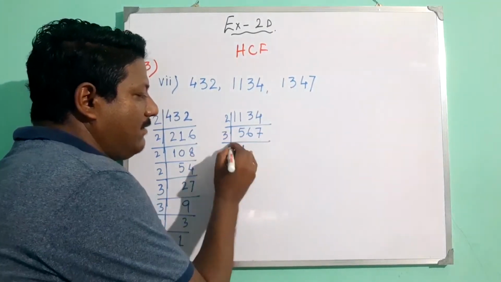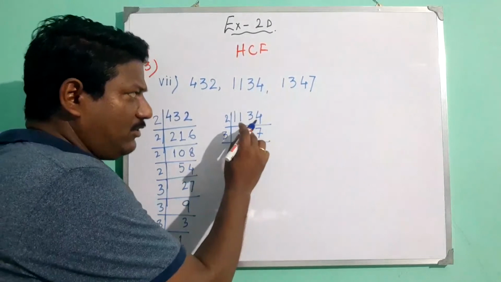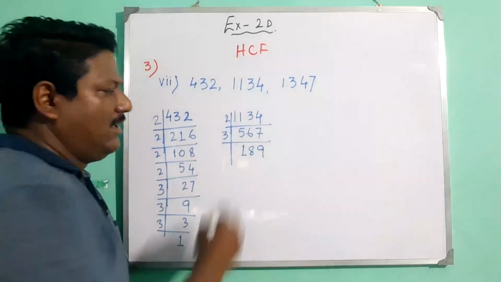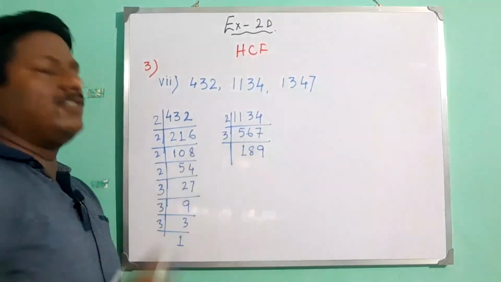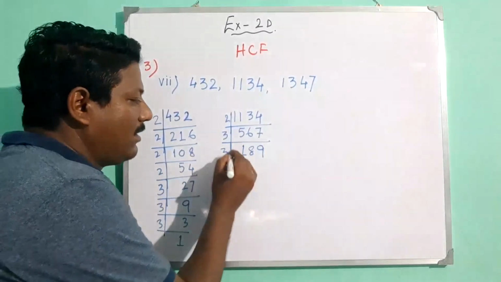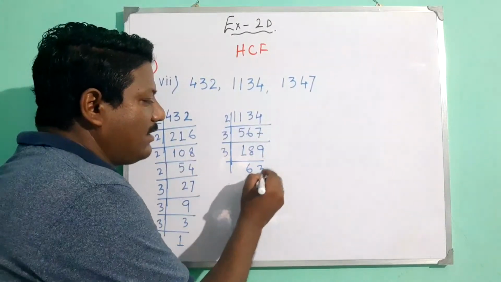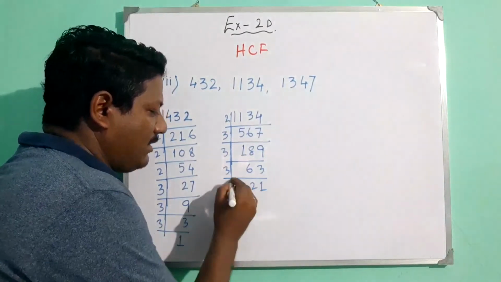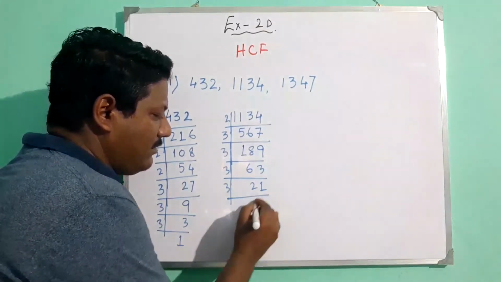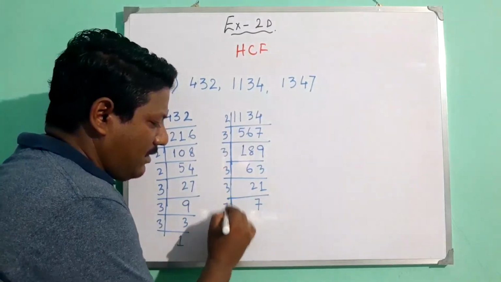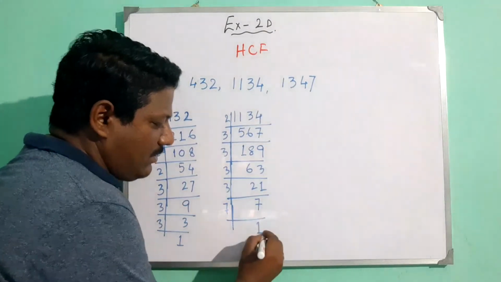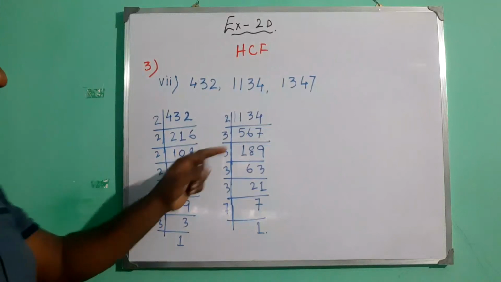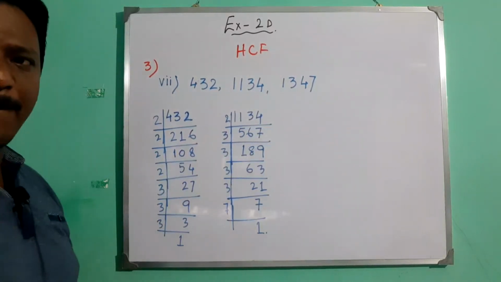So 3 ones are... 3 eights are and 3 nines are. All right. Again, it can go by 3 because 6 and 3. It can again go by 3, 2, 1. It can go by 3, 2 and 7. 1s are 7. Very simple.